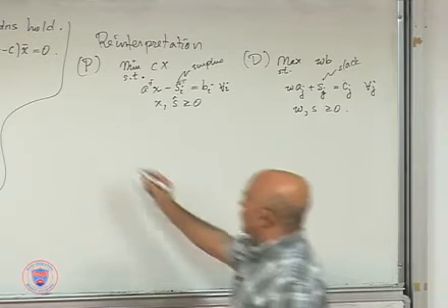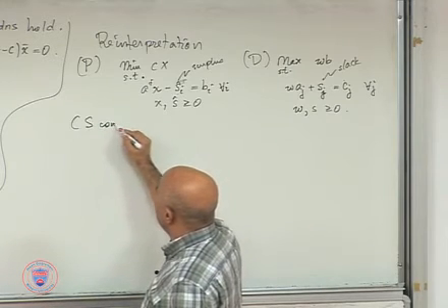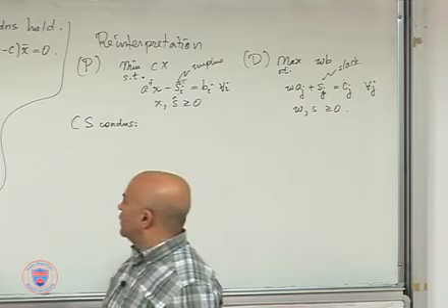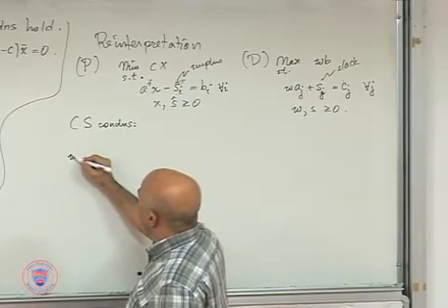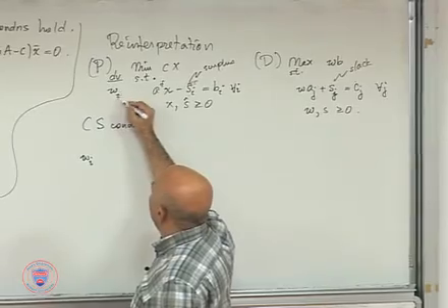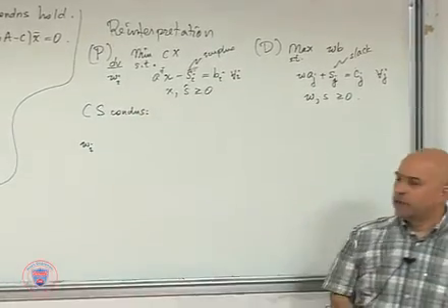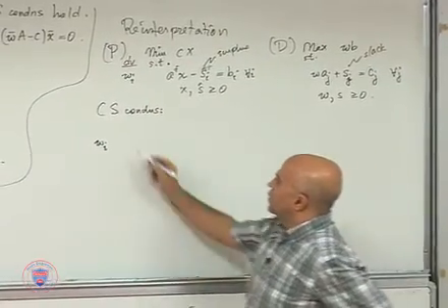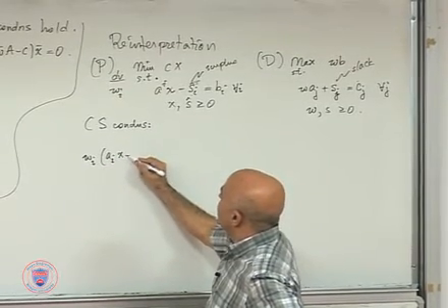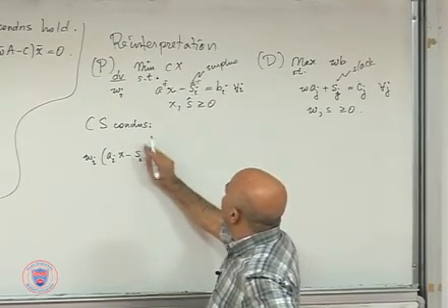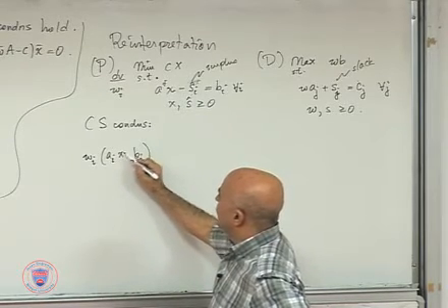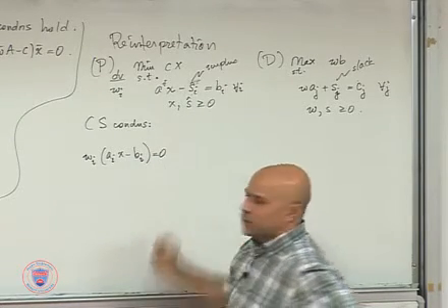Okay. So when you look at the complementary slackness conditions, what do they tell you? They tell you that the ith dual variable, wi, is associated with the ith primal constraint. So wi times (aix minus bi) in the canonical form is supposed to be equal to 0.